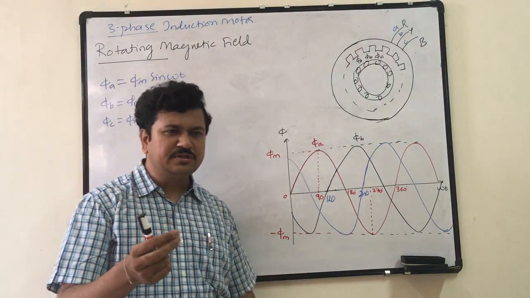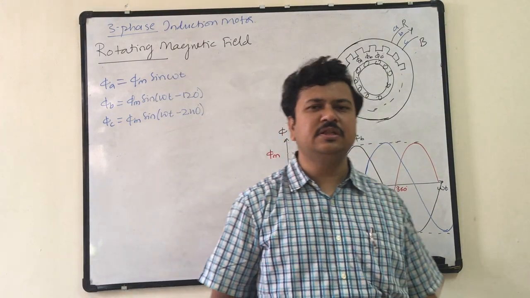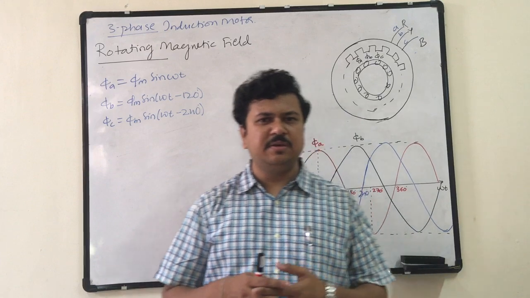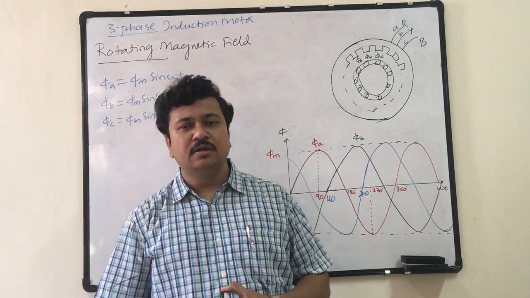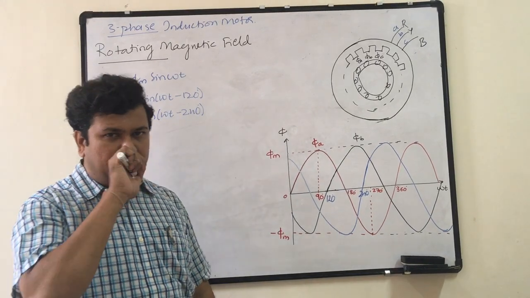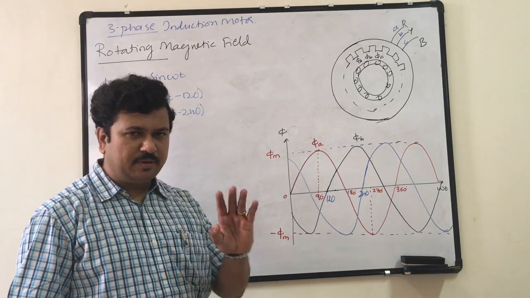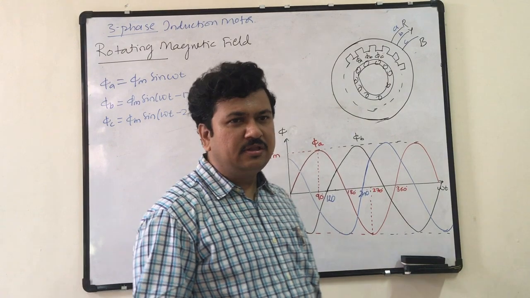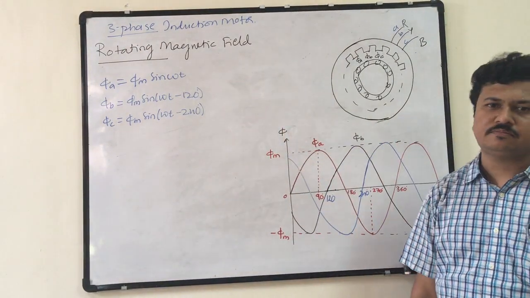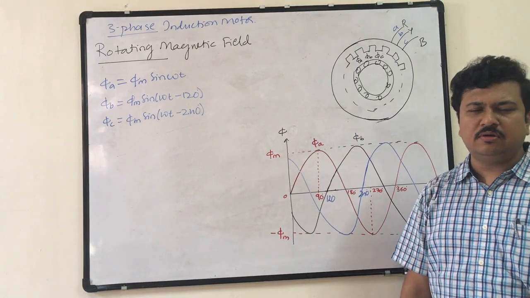And one beautiful nature of these multiple fluxes existing in the same space is that when they interact with each other, they gain some capacity to do work. This nature of the fluxes is exploited in the induction motor. I told you the induction motor is self-starting.